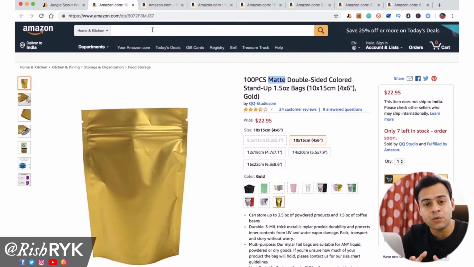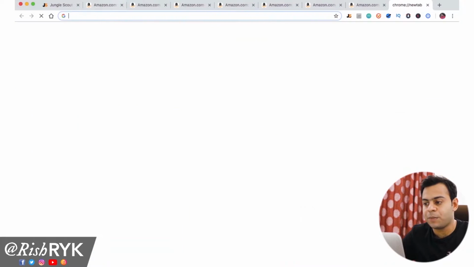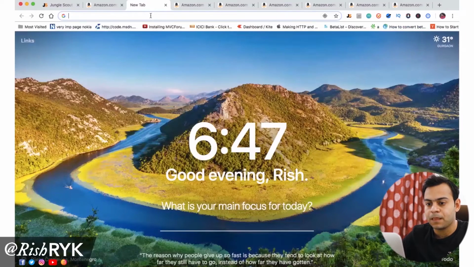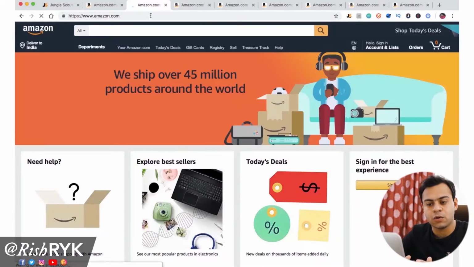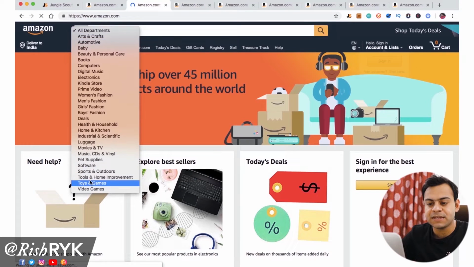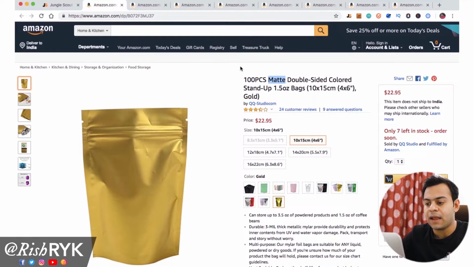So what we are going to do now is just open a new tab on Amazon. Let's go to amazon.com. You must make sure that this is always set to all departments, and we are just going to insert the broadest keyword that we think is relevant to this product, which gives this product and similar products as search results on amazon.com.